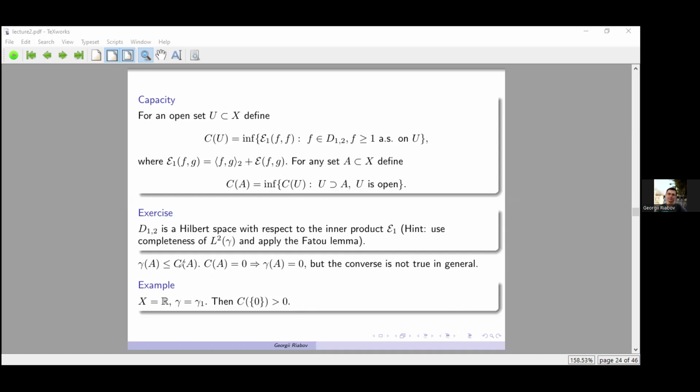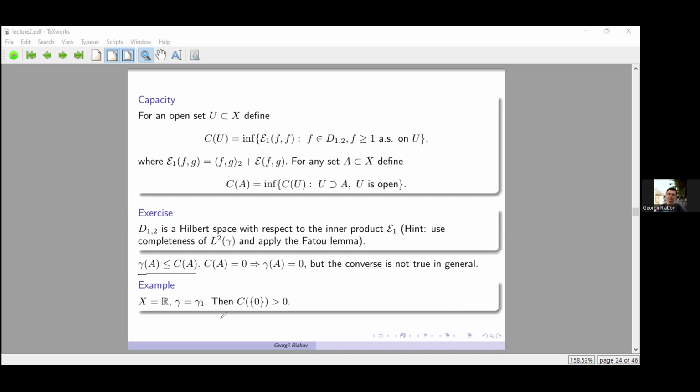Yeah, so also we noted that the measure gamma of a set A is always less than the capacity of A. In particular, sets of capacity 0 necessarily have measure 0. But the converse, in general, is not true.